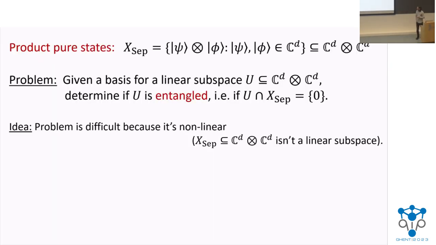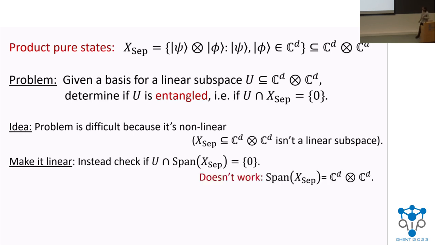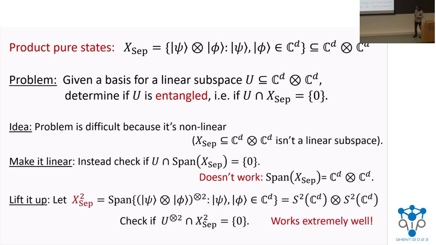So here's the algorithm. The idea is that this problem is difficult because it's nonlinear. The set of product vectors is not a linear subspace of C^d ⊗ C^d, so it's difficult to work with. You can do something very basic, which is to make it linear by looking at the span of the set of product vectors and intersecting that with your set U. Of course, this doesn't work because the span of the set of product vectors is the entire space.